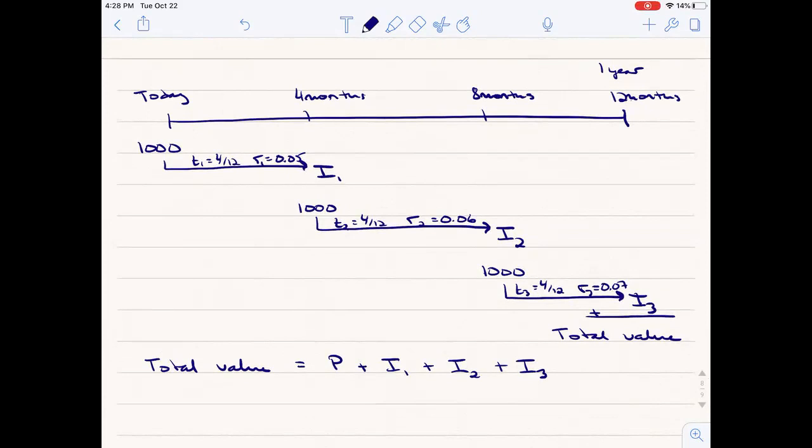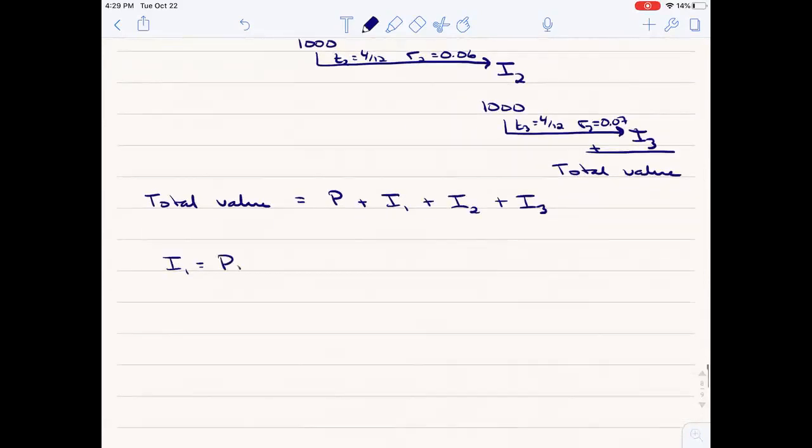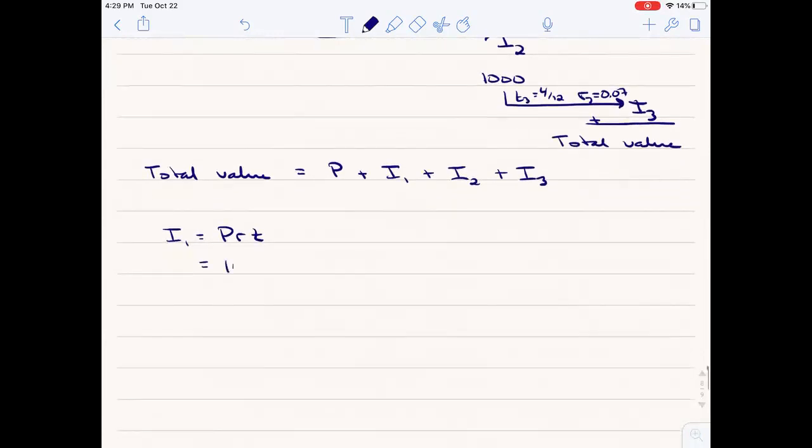Okay. We haven't used I equals PRT in a long time, right? Because we've had more sophisticated things to do with the future value formula, but we can bust it out again, right? And so we've got I1 is PRT. P is going to be 1,000 for all of these, and only the rate is going to change, right? Because the increments of time are going to be the same, right? 4 over 12.